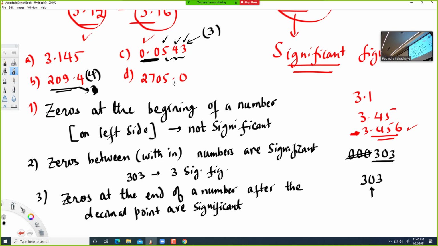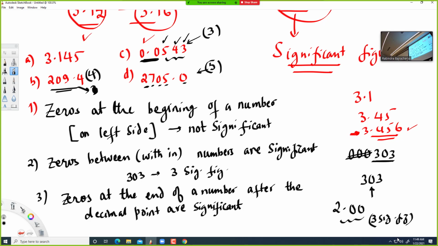Like in this one, this 0 comes after the decimal, so that means this is significant. Okay, so this one has 1, 2, 3, 4, 5 significant figures. Likewise, if you have 2.00, these zeros are significant. So this one has 3 sig figs.